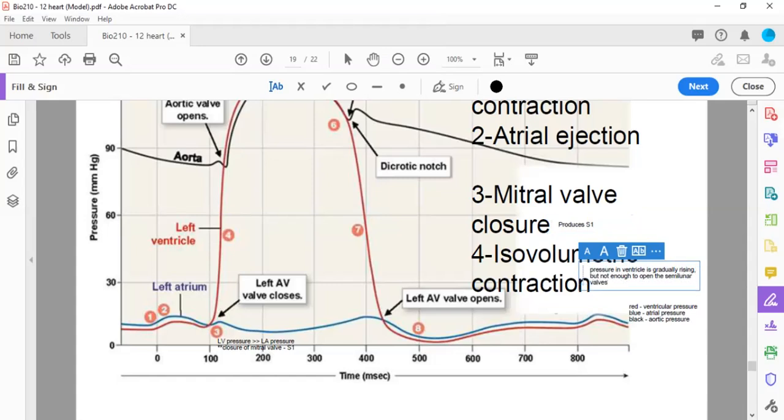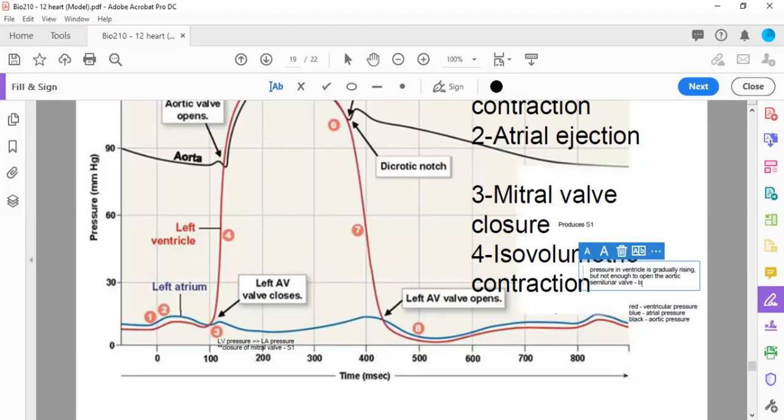In this case, we're only going to focus on the aortic semilunar valve.